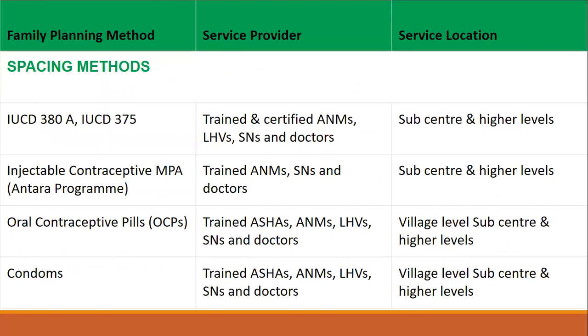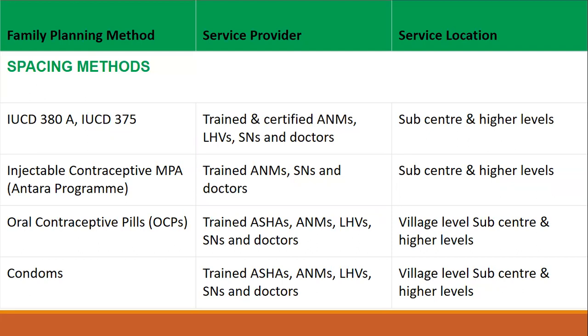These are the different family planning methods provided at government centers. These include spacing methods like IUCD 380A and IUCD 375. Service providers are trained and certified ANMs, LHVs, SNs and doctors, at subcenter and higher levels. Injectable contraceptive MPA under the Antara program is provided by trained ANMs, SNs, staff nurses and doctors at subcenters and higher levels.